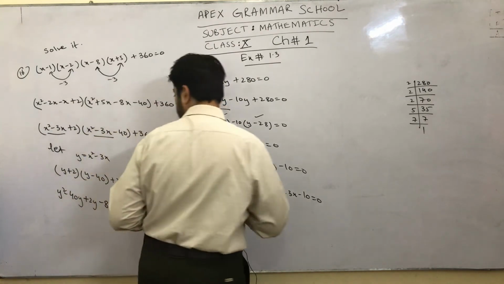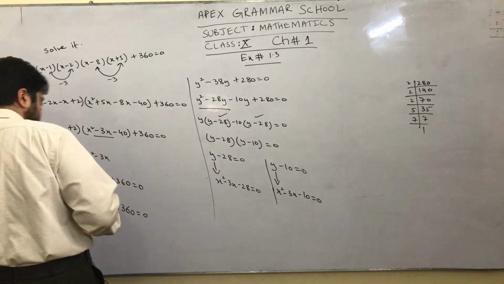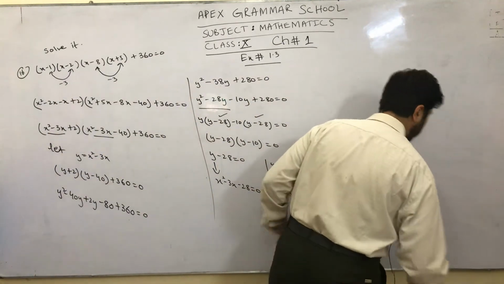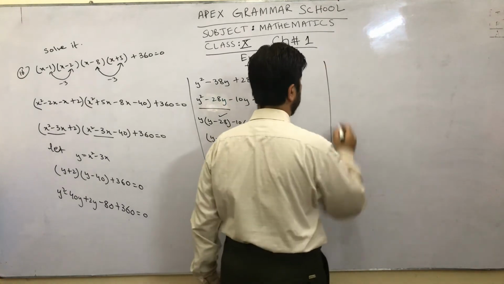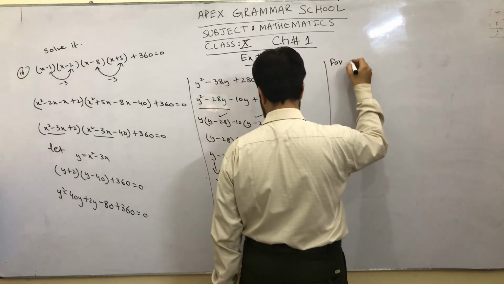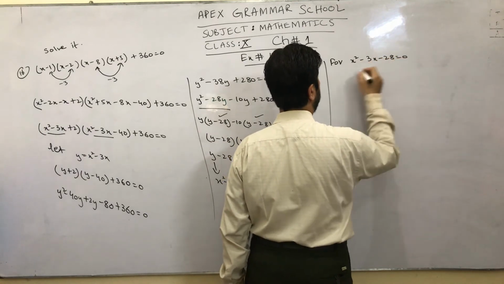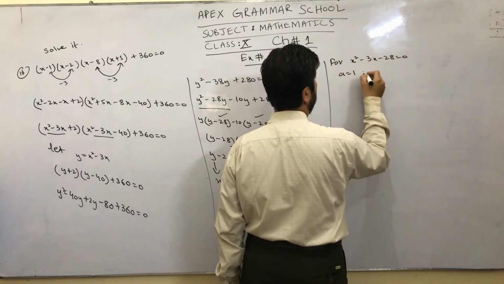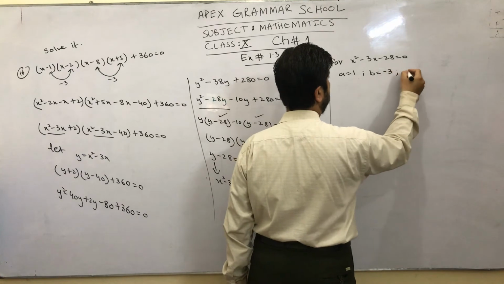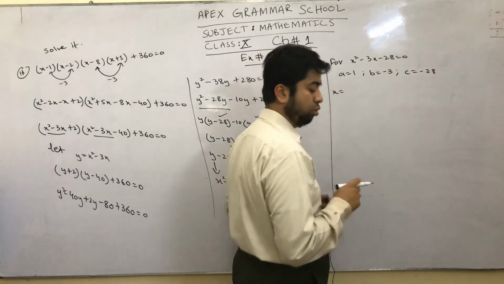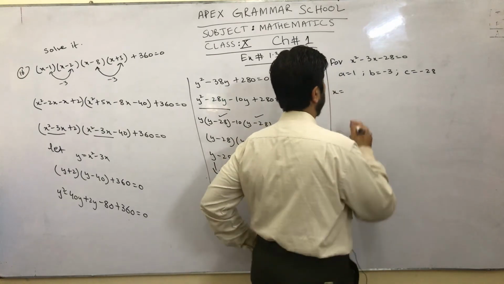For x square minus 3x minus 28 is equal to 0, a is equal to 1, b is equal to minus 3, c is equal to minus 28. Just apply the values for quadratic formula.